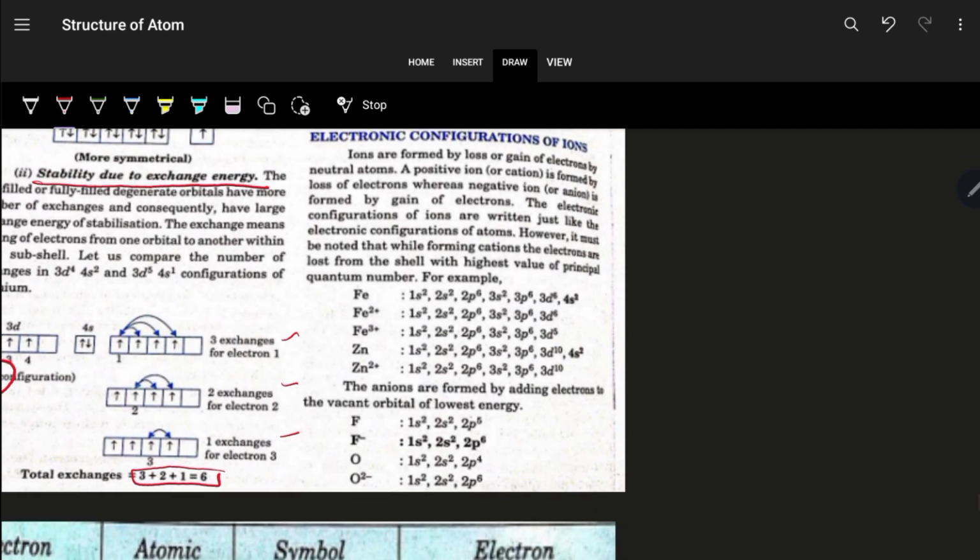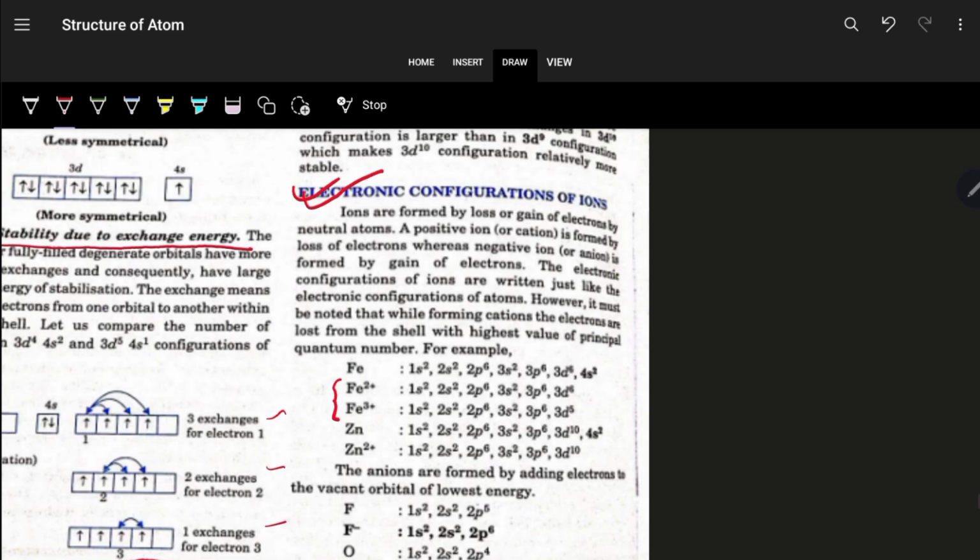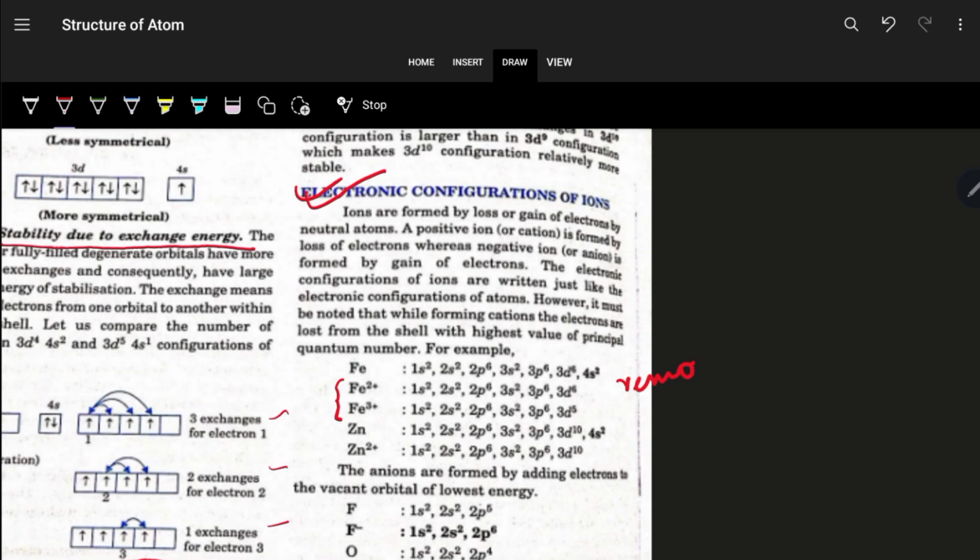Okay, now electronic configuration of ions. When you write the electronic configuration of ions, please remember that for cations you have to remove electrons from the outermost shell.